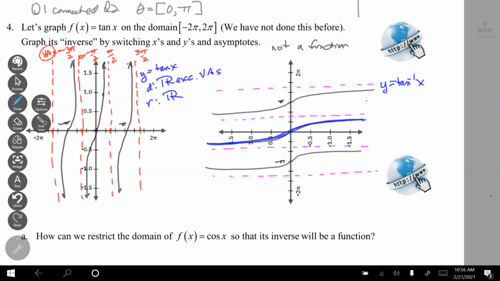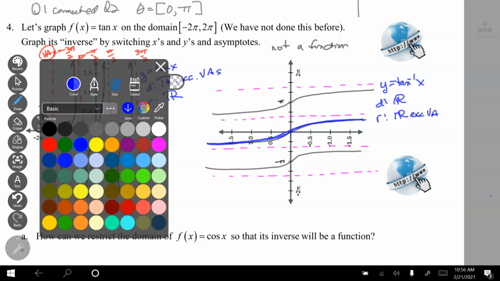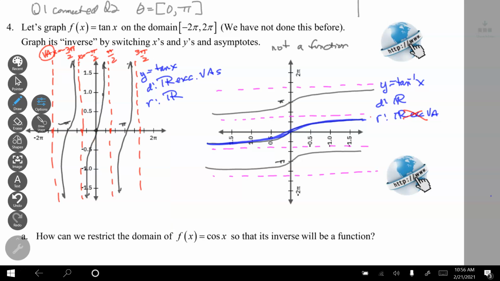And normally you would think that switching them, my domain will be all real numbers, which is fine, and my range should be all real numbers except the VAs. But I don't want that. I have to restrict it a little bit. So I'm going to restrict it to this one in the middle, and this is negative pi over 2 to pi over 2. So my restriction for my range will be negative pi over 2 to pi over 2.